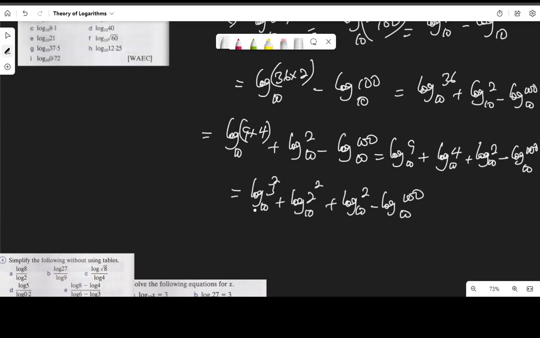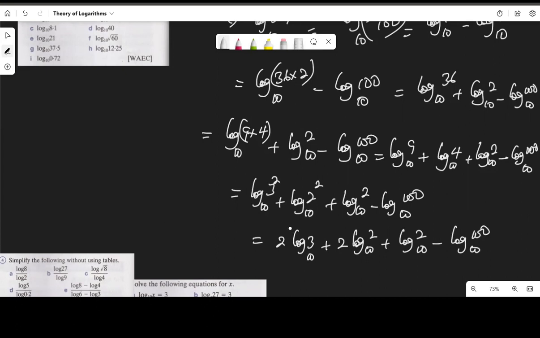And this gives us 2 log 3 plus 2 log 2 plus another log 2, minus log 100.